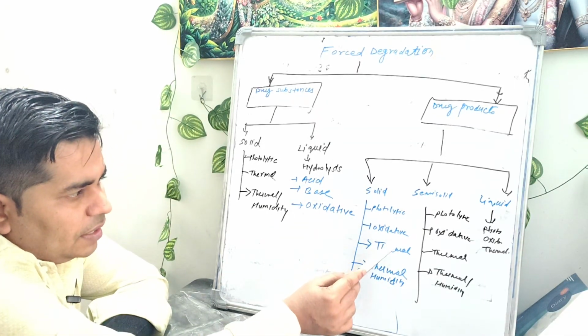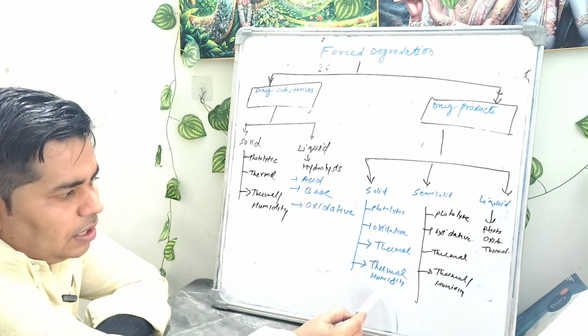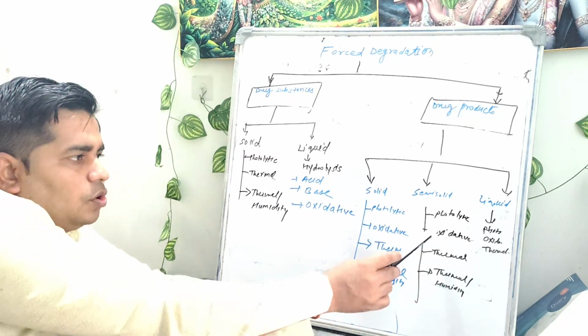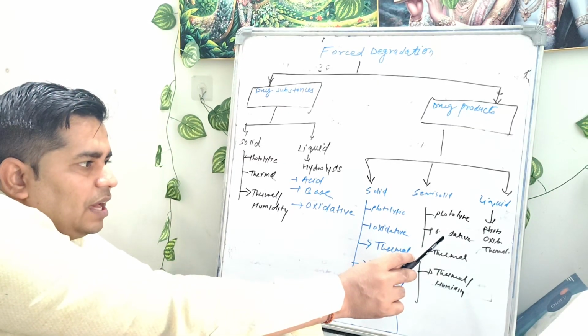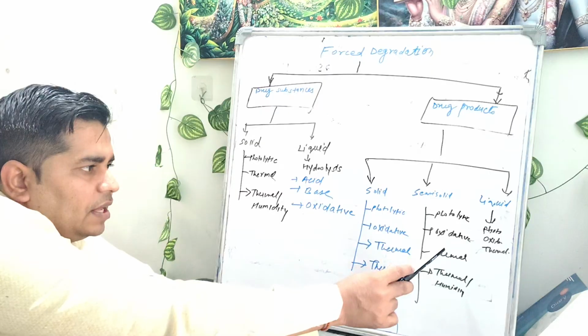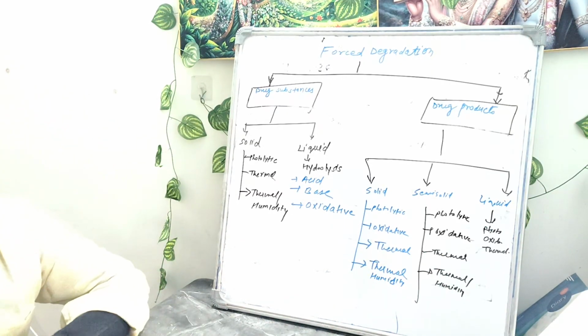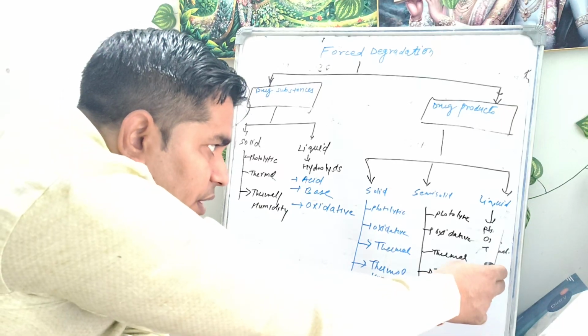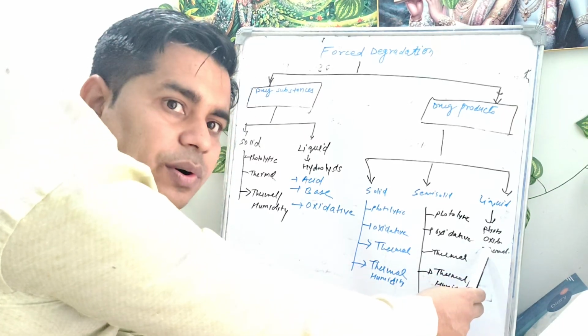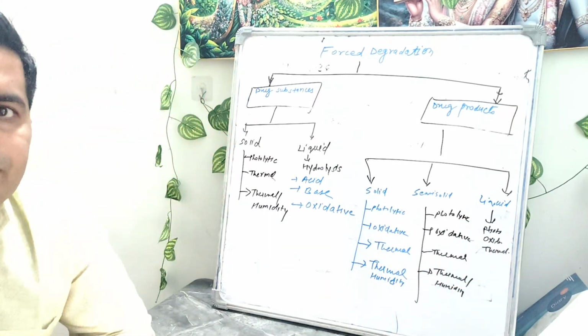So in solid: photolytic, oxidative, thermal, and thermal humidity. In semi-solid, meanwhile, we are going to perform the photolytic, oxidative, and thermal study. Okay, and in liquid we are going to do the photolytic, oxidative, and thermal.